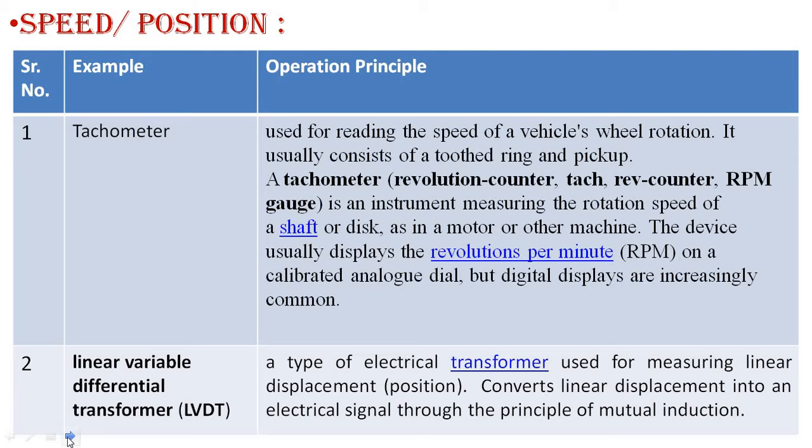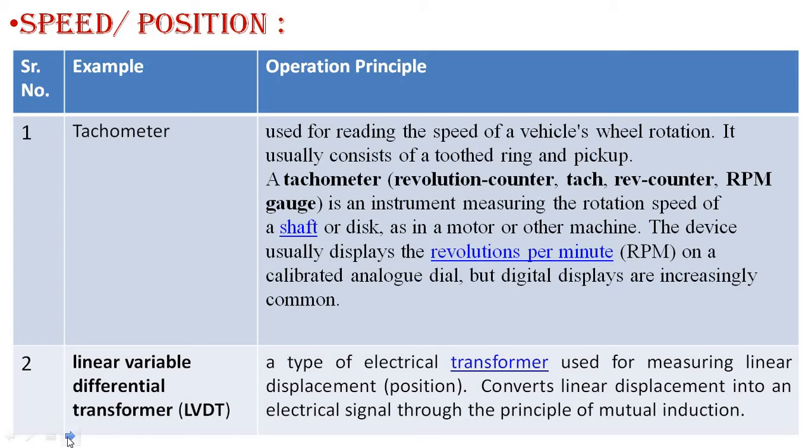It is an instrument measuring the rotation speed of a shaft or disc, as in a motor or other machine, and it displays the revolutions per minute on a calibrated analog dial, but digital displays are increasingly common. So a tachometer is used to measure the speed and position of the wheel of a vehicle or motor.